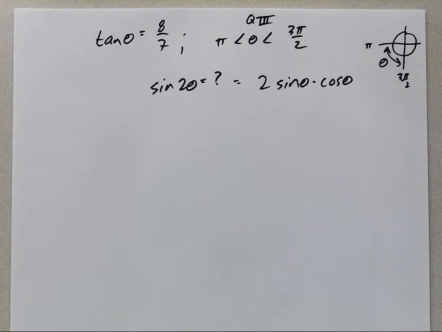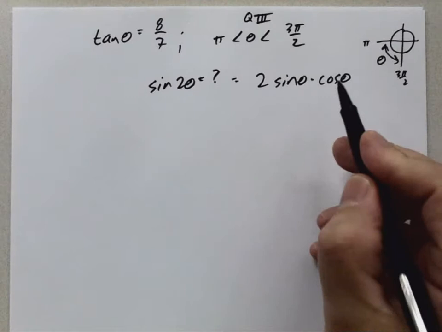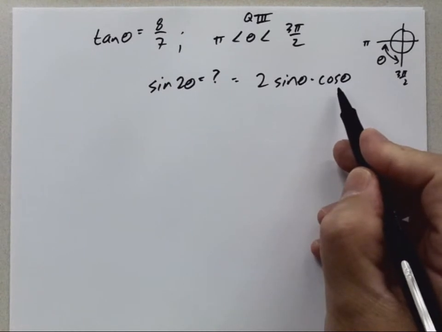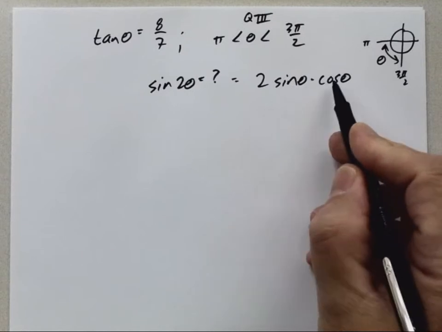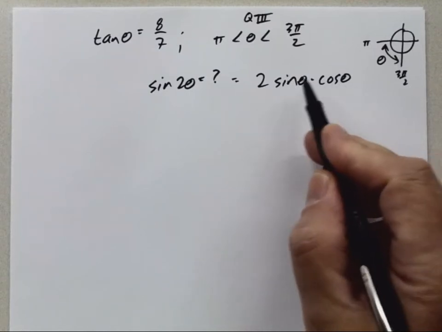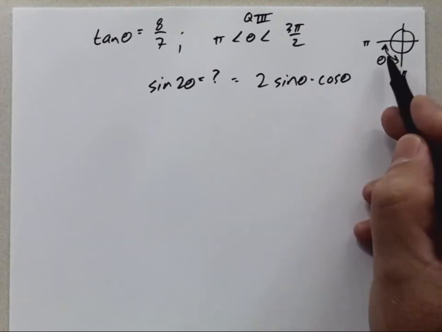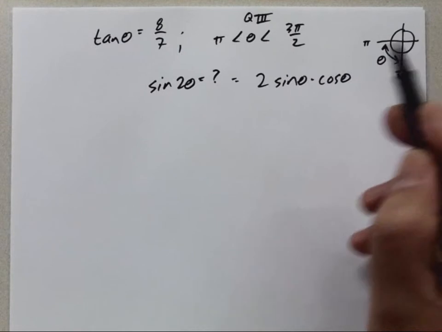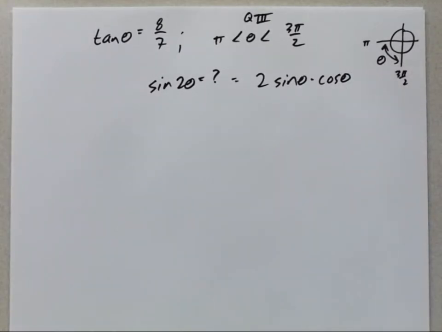That's important because eventually I'm going to have to figure out what the sine of theta is and what the cosine of theta is. And what do you know about these? The sine of theta and cosine theta? I know they're both going to be negative because sine and cosine are both negative in quadrant 3. So when I plug in my numbers in here, I've got to make sure both those numbers are negative.